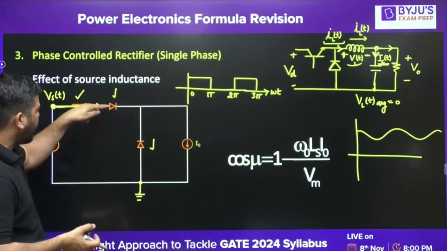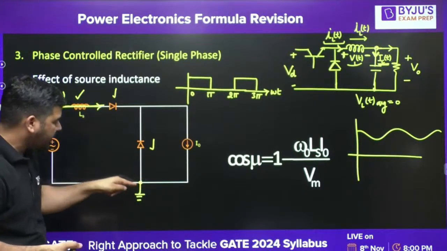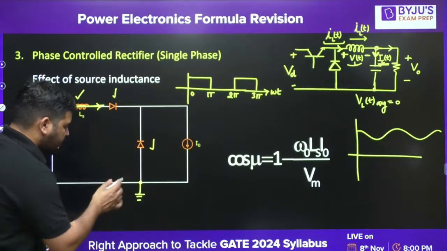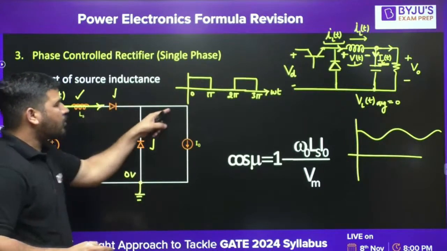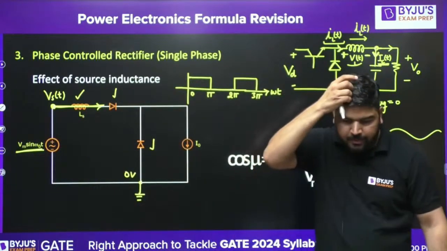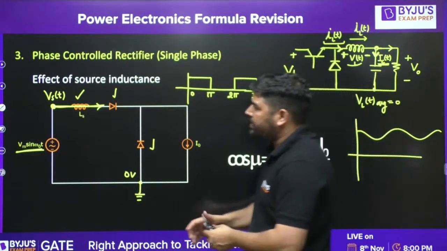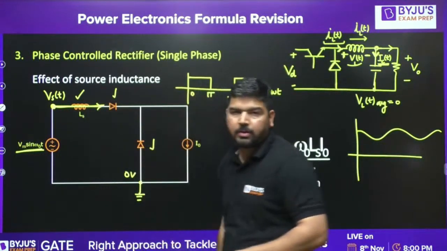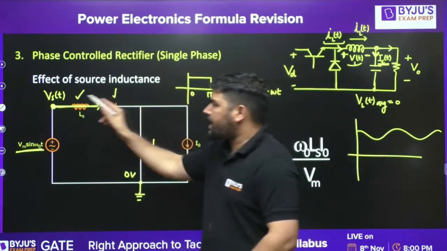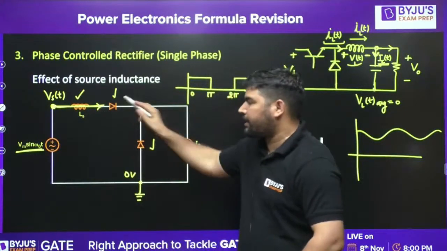Let's assume this is 0 volt and this is VST. Their cathode is common, and the anode of this is connected at VST, the anode of this is connected at 0 volt. In common cathode configuration, the diode which has the highest voltage on its anode will conduct.